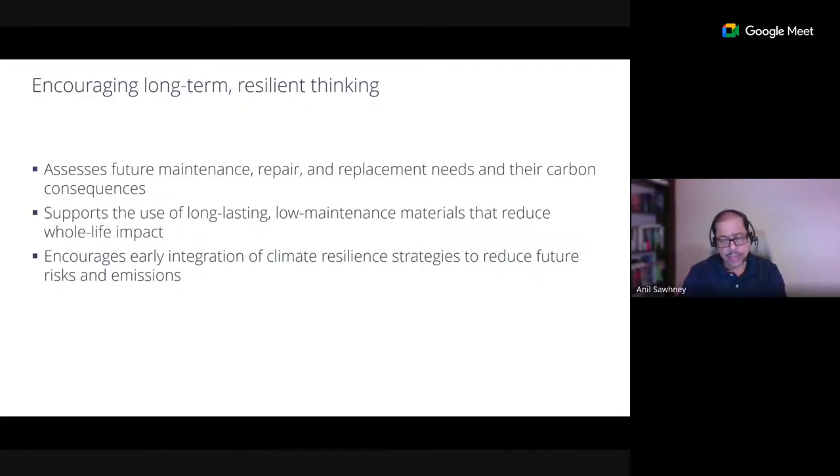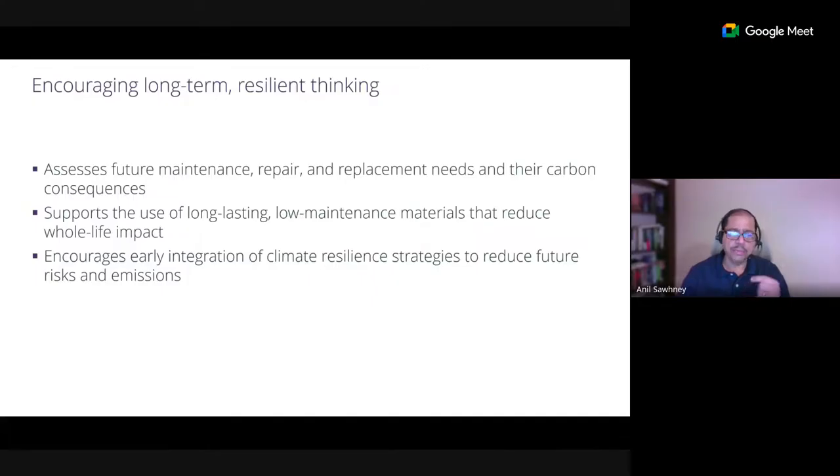So if you are to repair or replace the roof of a school building in 25 years, then you know that there will be a cost associated with it and there will be emissions associated with that intervention. So with whole life thinking and use of the whole life carbon assessment methodology, you're able to see these things and make decisions accordingly.